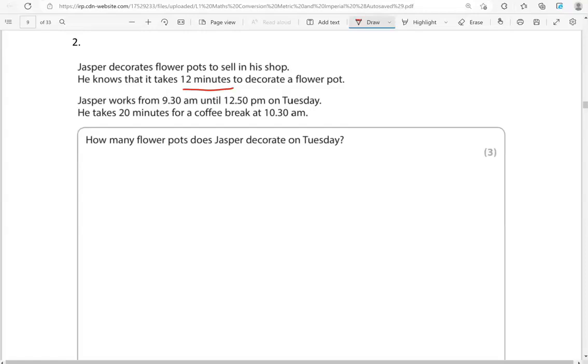So he works from 9:30 till 12:50. But we need to take away 20 minutes. So I'm going to take away the 20 minutes from the end time. So 12:50, if I take away 20 minutes, that will be 12:30 that he finishes at.